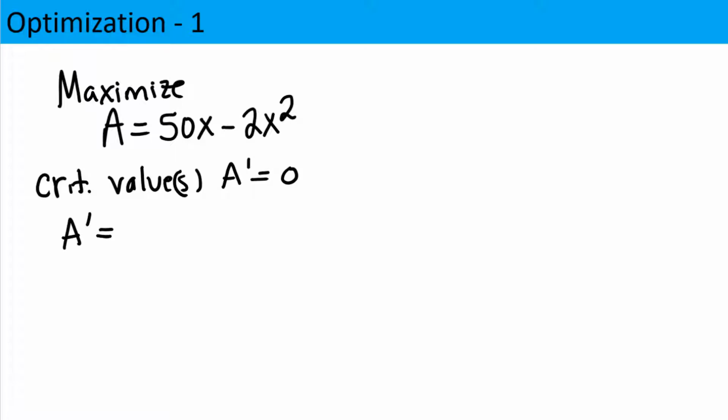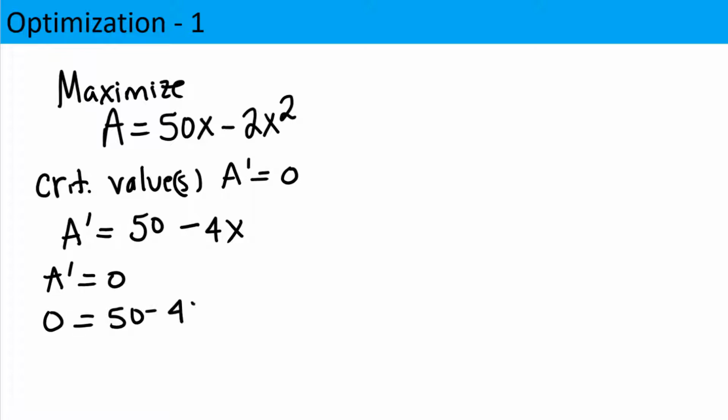So the first derivative would be the derivative of 50x is just 50 minus the derivative of 2x squared, bringing the 2 down, would be 4x. Setting this equal to 0, we would have 0 is equal to 50 minus 4x. Continuing to solve, 4x equals 50, and we get a critical value of 50 divided by 4, which is 12.5.